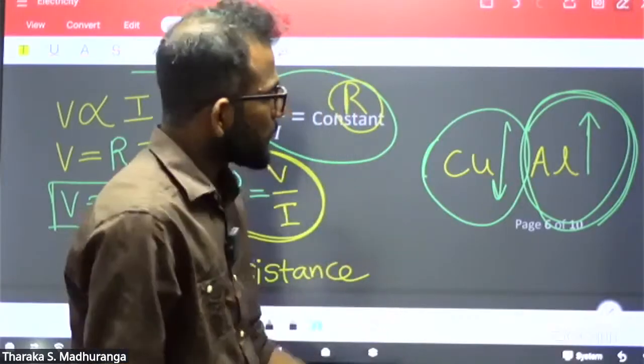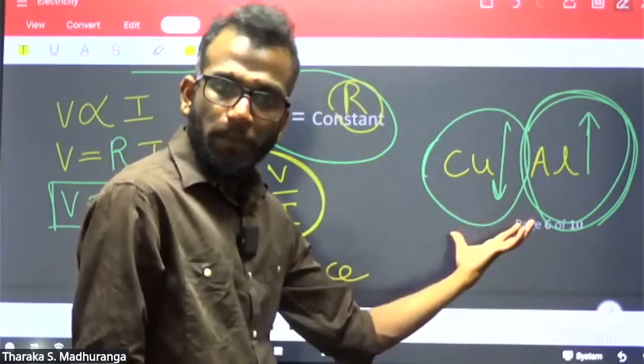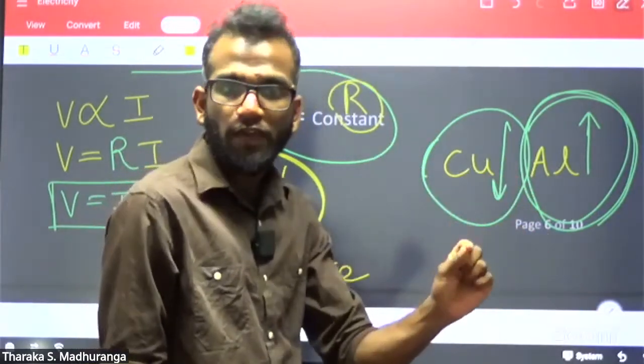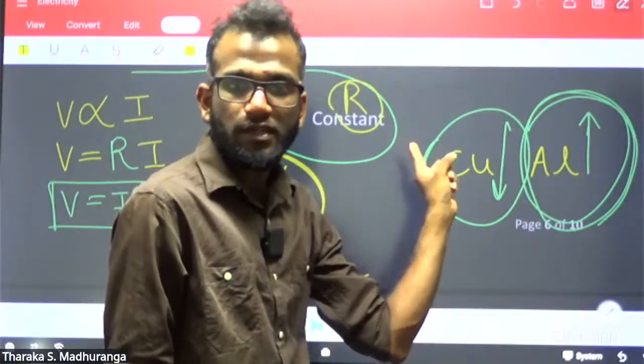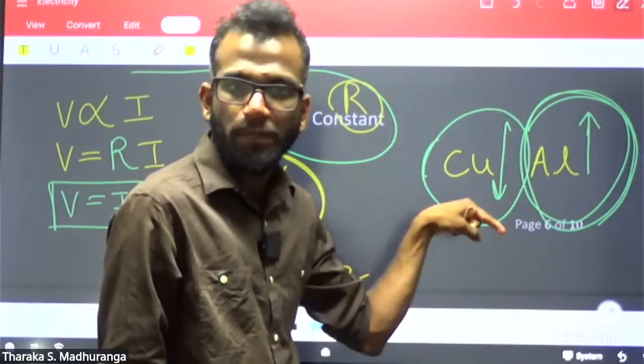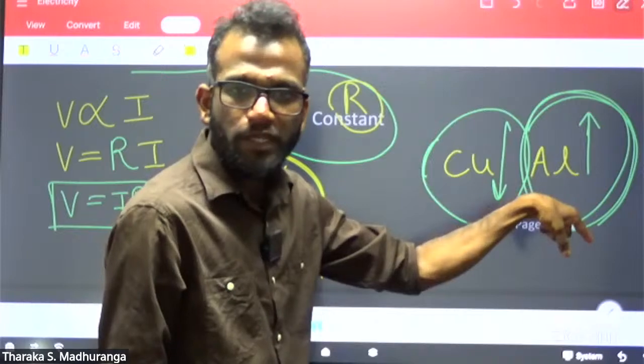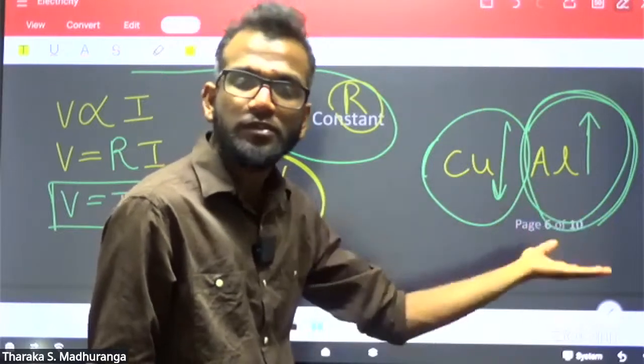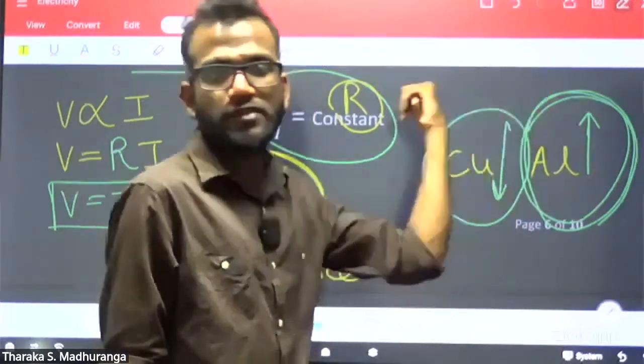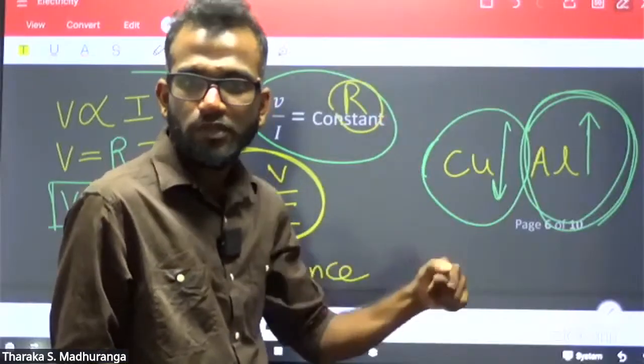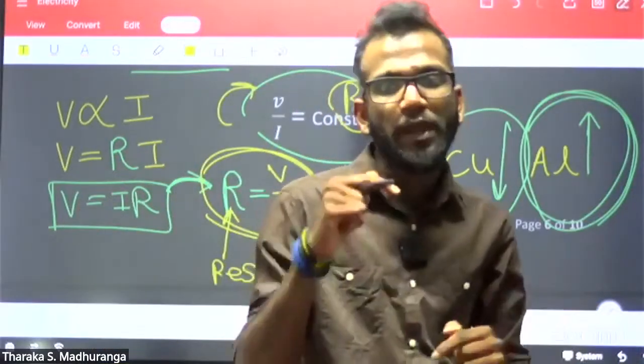Okay, the same. If we consider a copper wire, it has a specific R value. It is a constant that depends on the material type. If we consider aluminium, it has a higher resistance value than that. Understood? It depends on the material type.